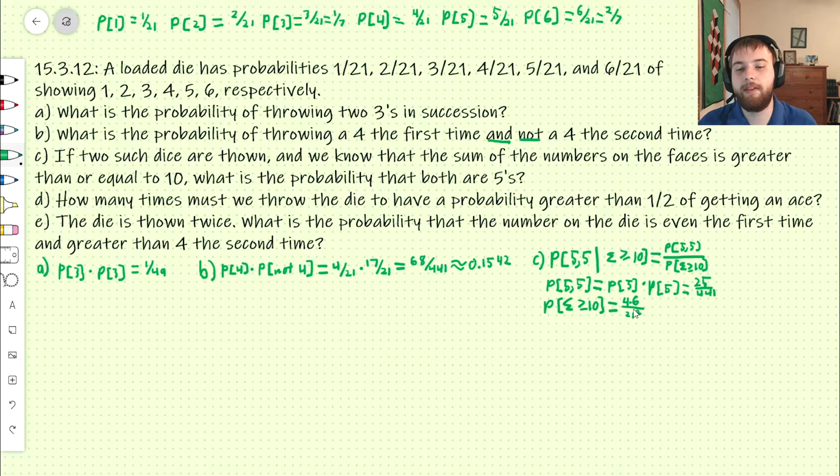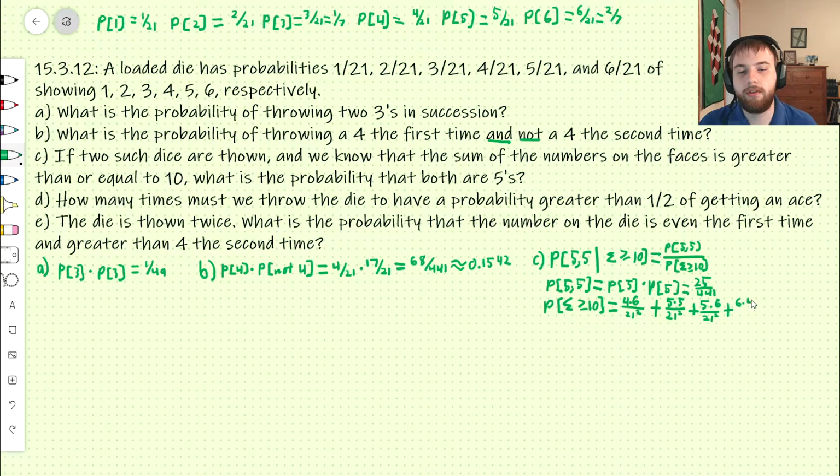So this is the probability of a 4 and then a 6, because we're multiplying these two together. And then we need to add the probability of getting a 5 and a 5. This is the actual case that we're interested in. And then the 5 and a 6. Yeah, that's right, a 5 and then a 6 also fulfills it. Over 21 squared.